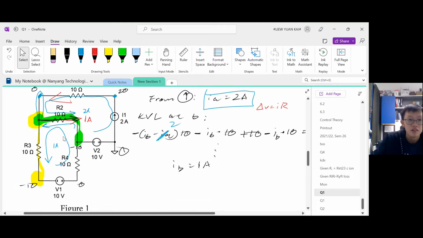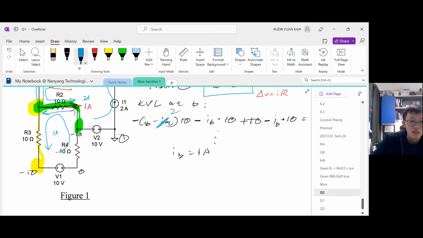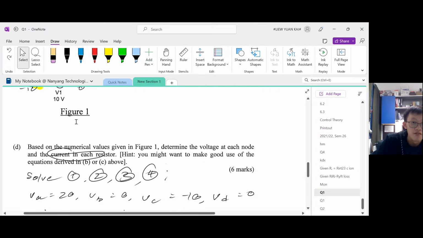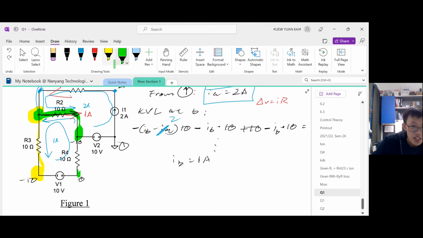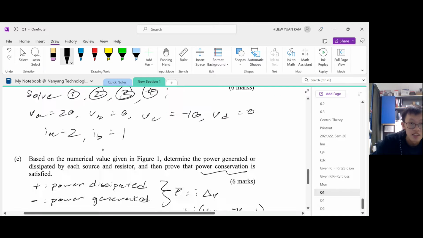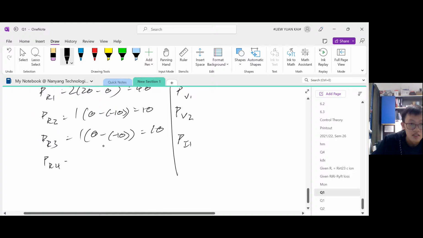Now look at R4. The current is still this 1 ampere flowing through R4. V start minus V end starts at 0, ends at -10. So 0 minus -10 is the delta V. So this is 1 ampere times 0 minus -10, which is just 10.